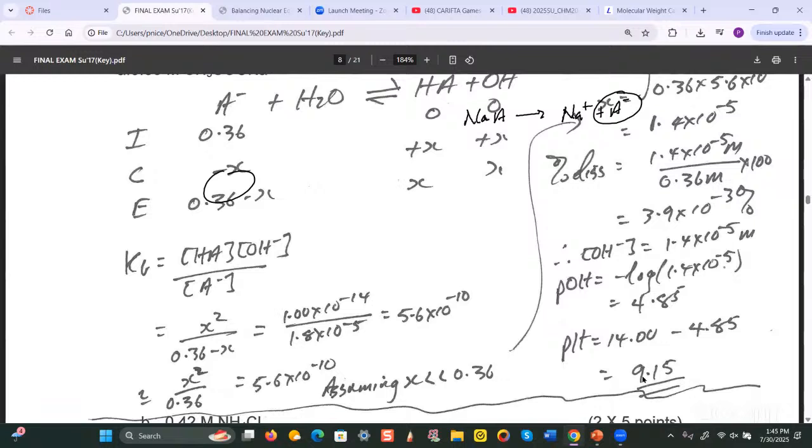So I remember, in fact, if I remember correctly, I did one example and I got the answer wrong, and I knew the answer was wrong because the pH was less than 7. Yeah. So right, and then I had to go back and correct it. So when you're doing these questions, just think about what you're doing, see if the answer makes sense, because in this case, you know that the pH will be greater than 7, and then when you do the problem, you see that the pH is actually greater than 7.